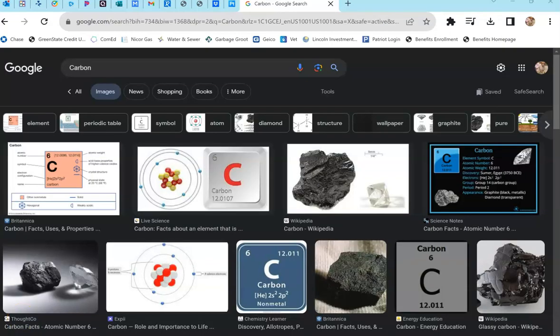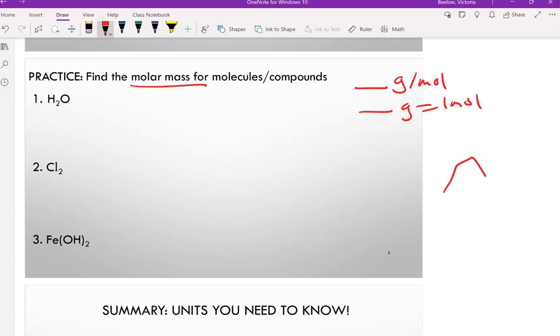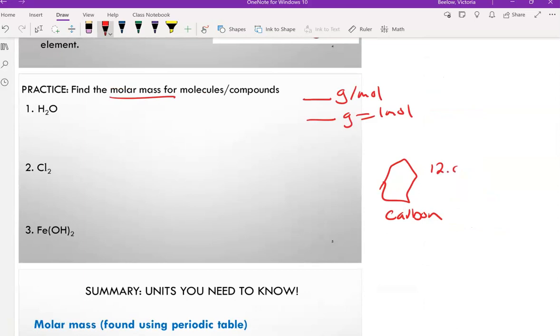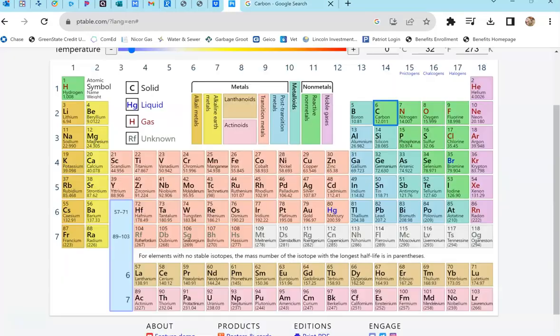So, for example, carbon. Here is a picture of carbon. This is what it looks like in its purest form, this blackish looking rock, basically coal. If you had in your hand a lump of carbon like that, and let's say you had 12.011 grams of it, you can also say that in your hand you have 1 mole of carbon, because on the periodic table, carbon is 12.011, that's its molar mass.